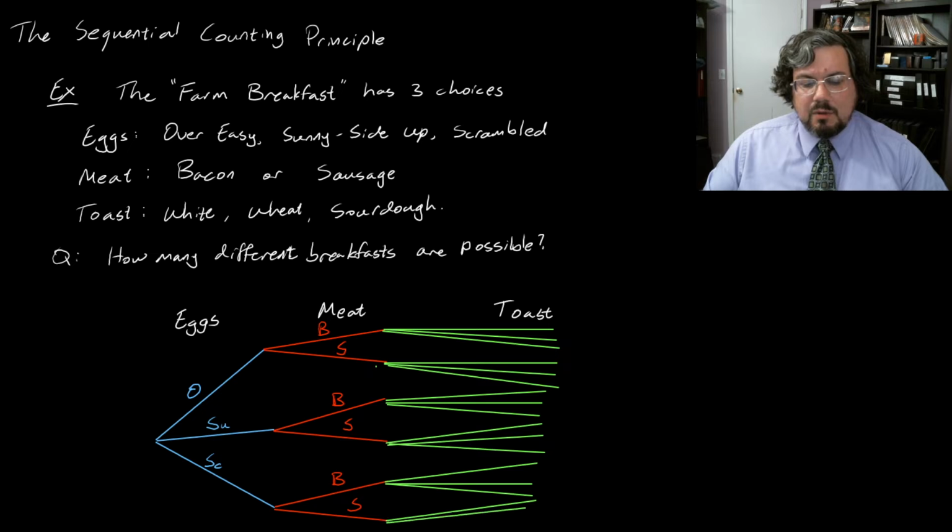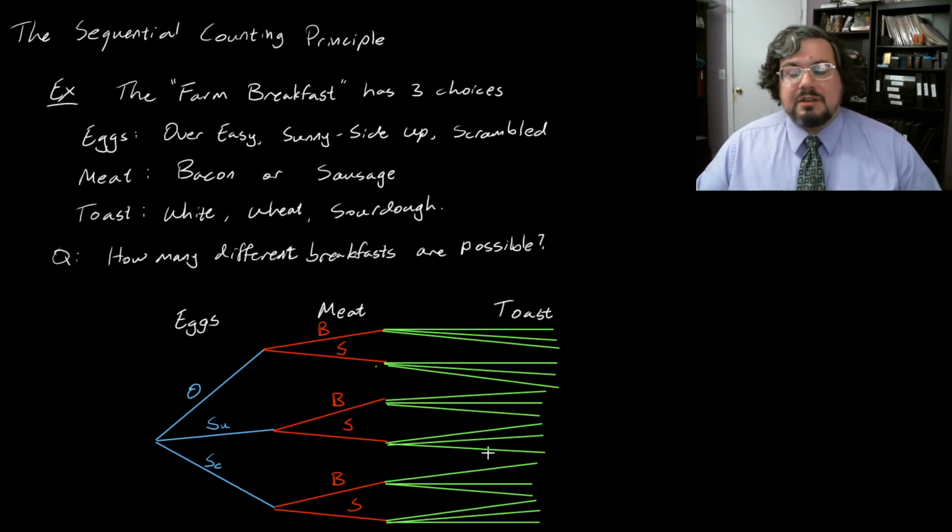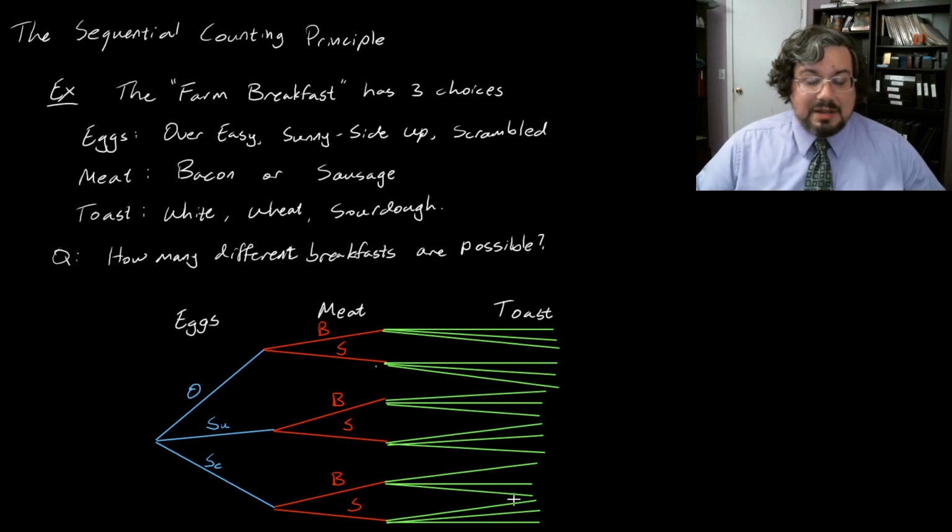And so we want to know, well, how many different ways are there to make this breakfast following all of these possibilities? And we can, of course, figure that out by drawing this tree and just counting up how many different options we have over here.